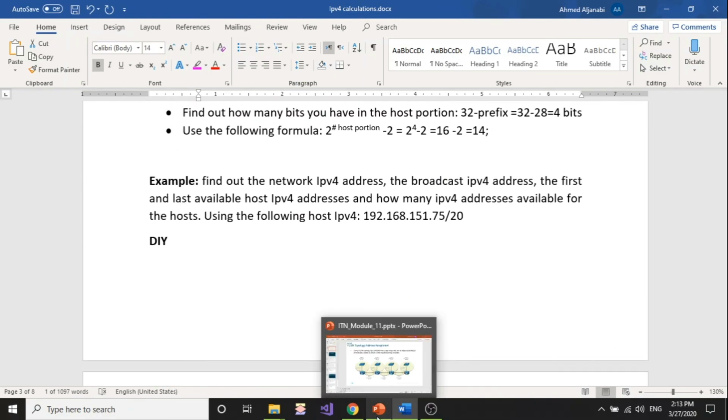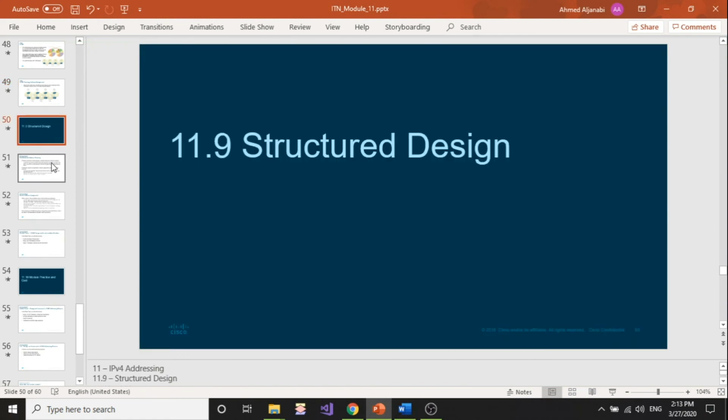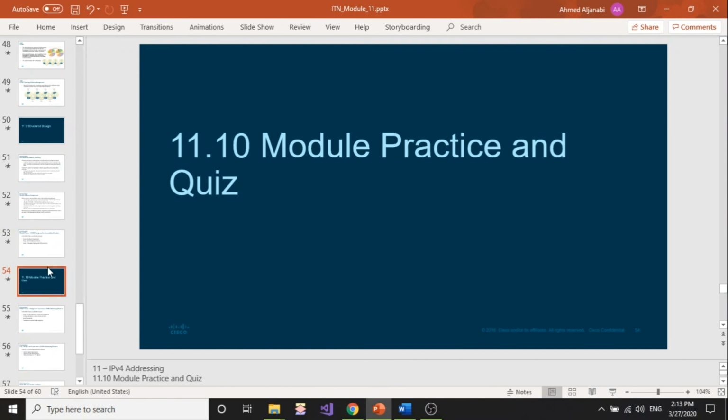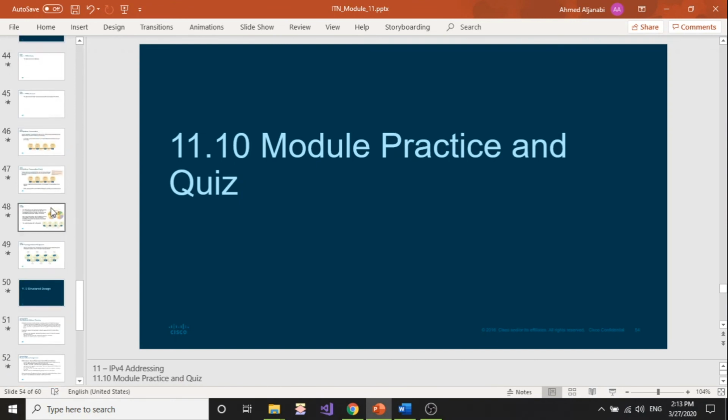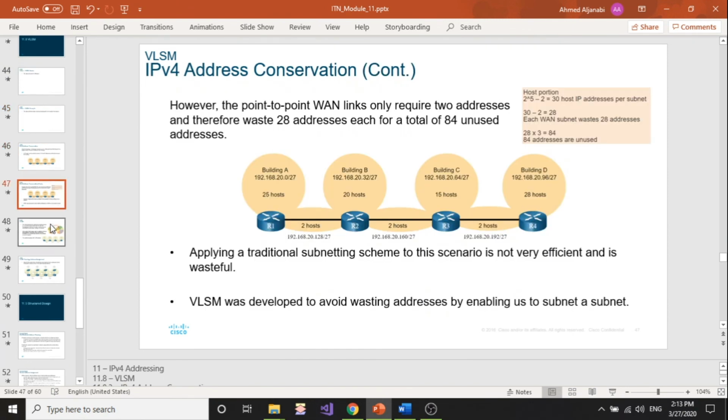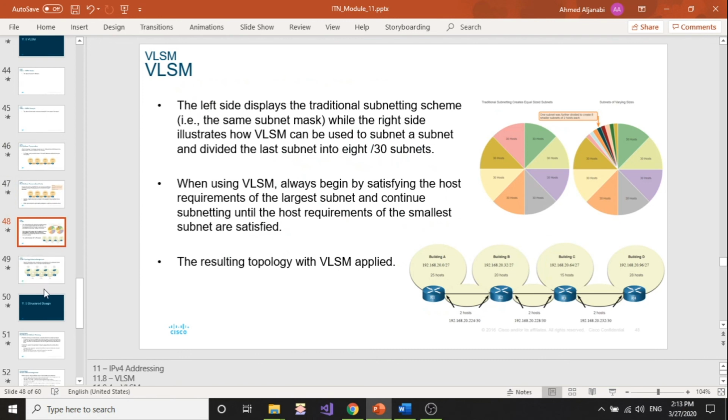I'm going to go to the PowerPoint. The PowerPoint basically is not telling that much, and I highly recommend to go and check the videos available in the Net Academy. This is just basically explaining why we actually need to have VLSM.